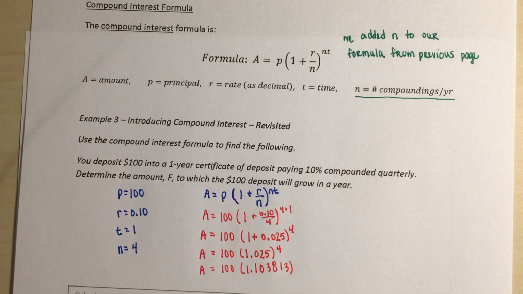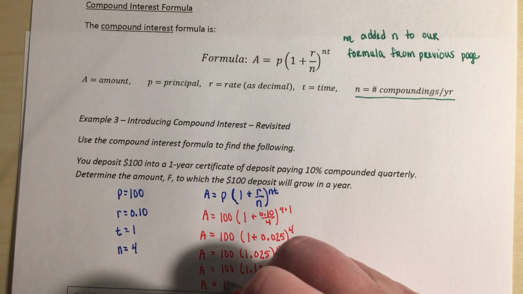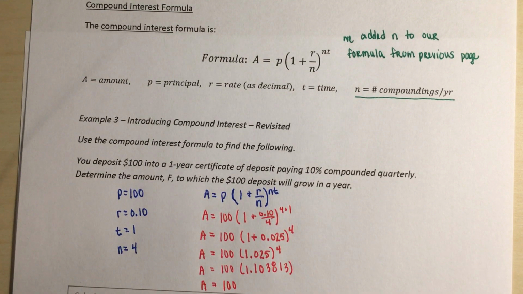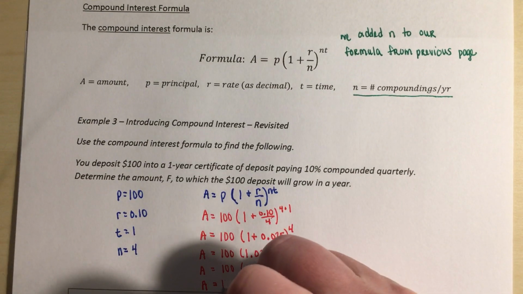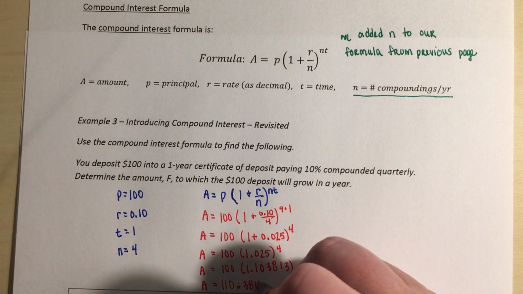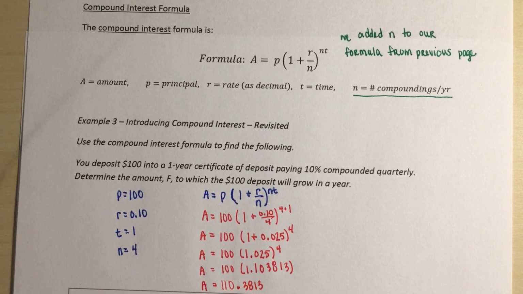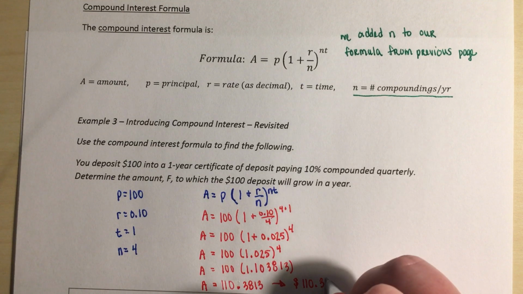That should be more than enough. And then we're going to multiply this by 100. We get 110.3813. We've just shifted our decimal point over a couple of places by multiplying by 100, which we're then going to round to a final dollar amount of $110.38.